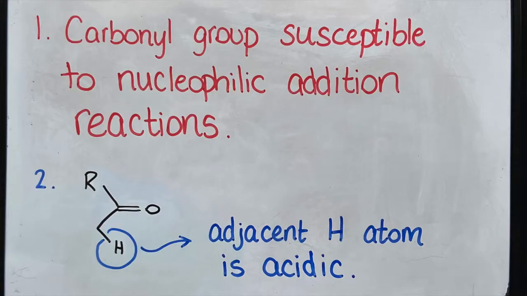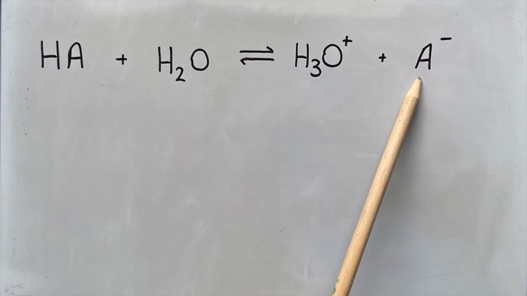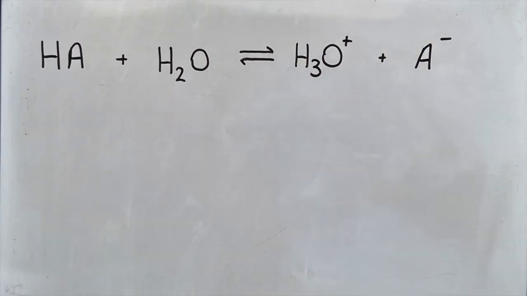Now let's briefly look at the second point, the effect of the carbonyl group on acidity of an adjacent proton. Hopefully you will recall that we measure an acid strength by its equilibrium reaction with water. The more stable the conjugate base, pointed out here, the more likely an acid will donate a proton. The acid is therefore considered to be more acidic.